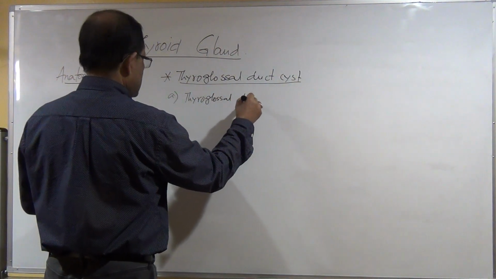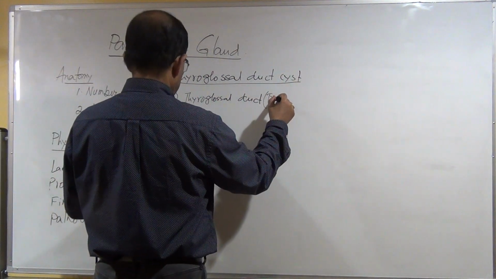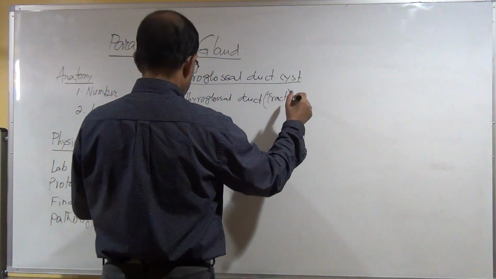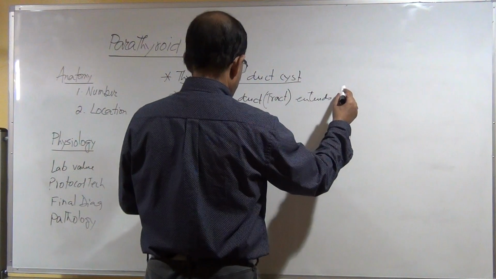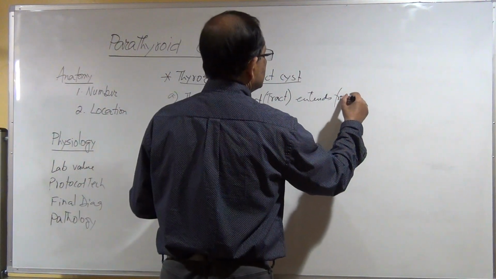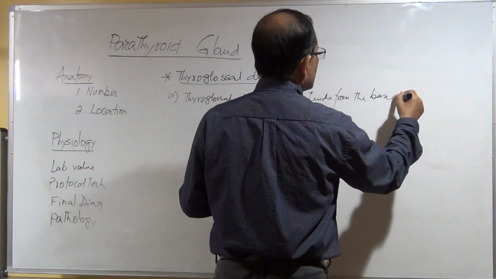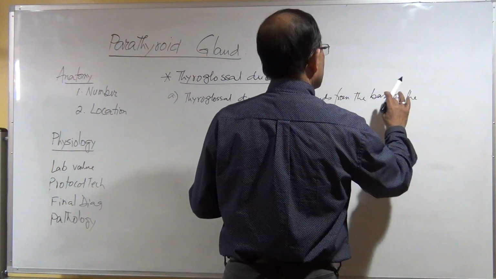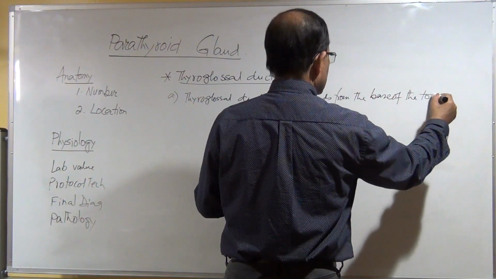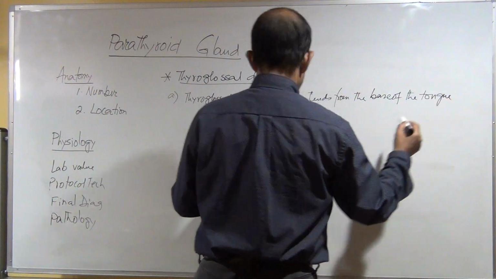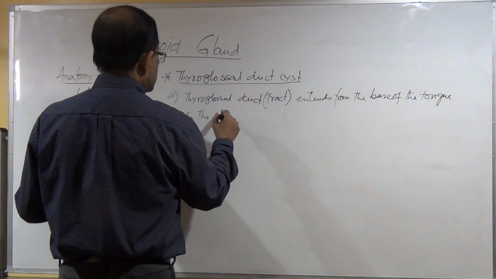The thyroglossal duct or tract extends from the base of the tongue to the thyroid isthmus.